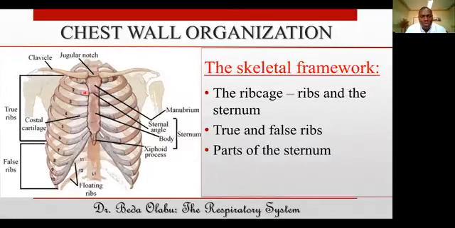The sternal angle corresponds to the second costal cartilage, the second rib that is. And because it corresponds with the second rib, we can therefore use the sternal angle as a landmark of reference if you want to count the intercostal spaces.